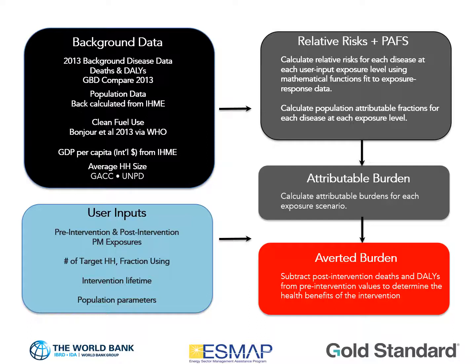The outputs take the form of a number of reports and include avoided deaths and DALYs attributable to the proposed interventions by disease category. The specific methodology underlying HAPIT are fully detailed in the Gold Standard ADALYs methodology, which is available online, and in a prior publication about the HAPIT tool.